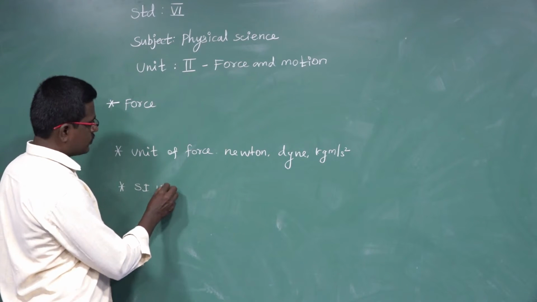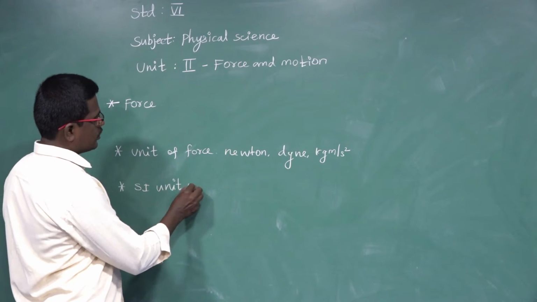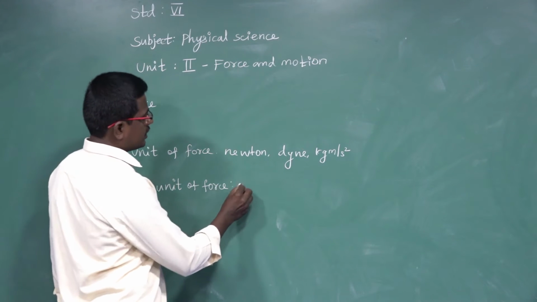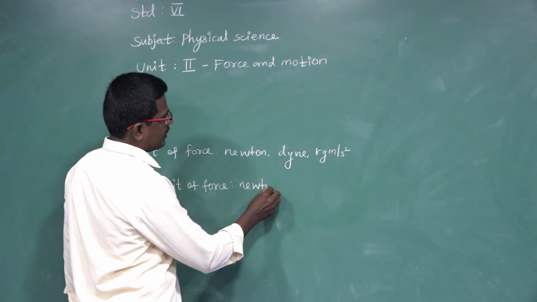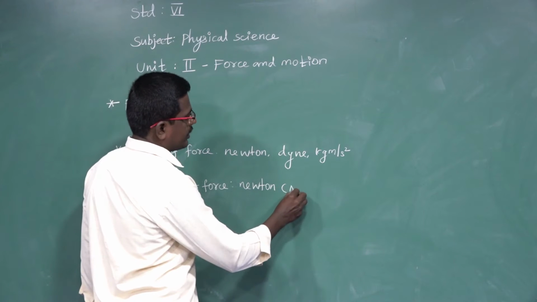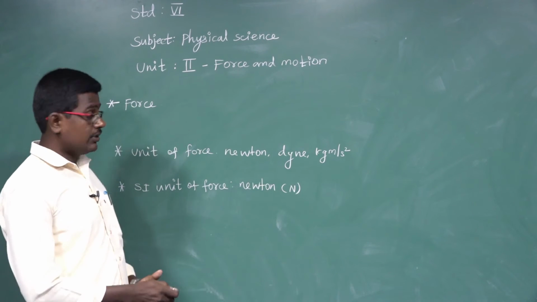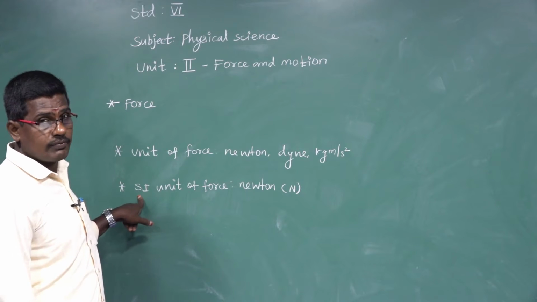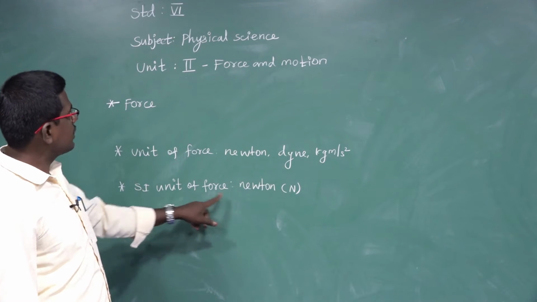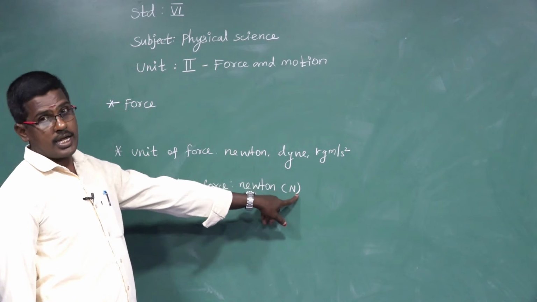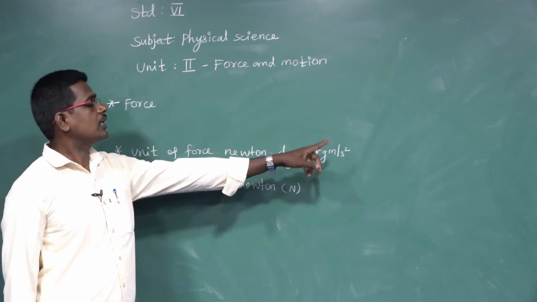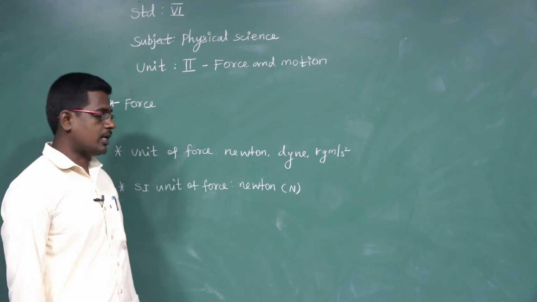The SI unit of force is Newton, symbol capital N. SI means International System of Units. So the units of force are Newton, dyne, and kilogram meter per second square.